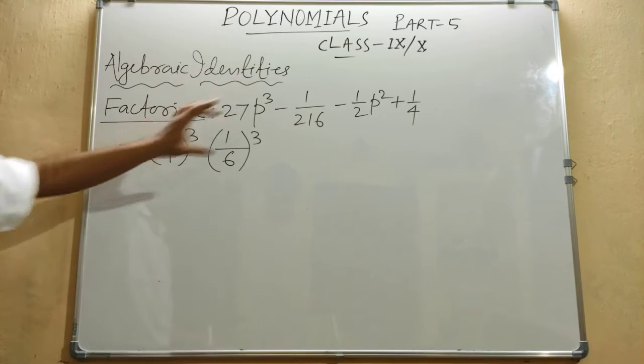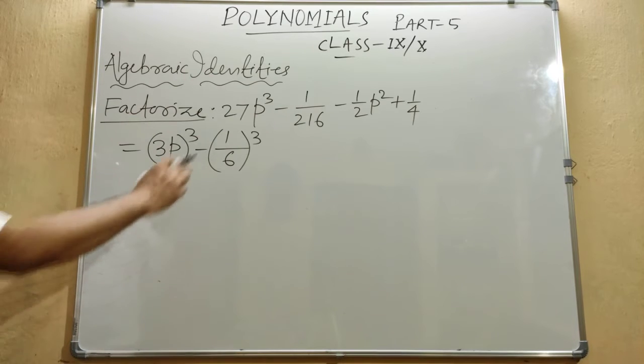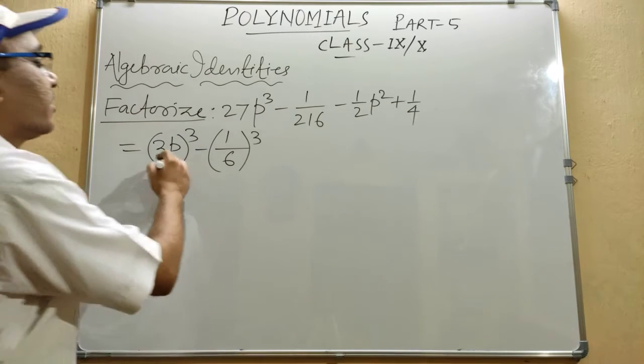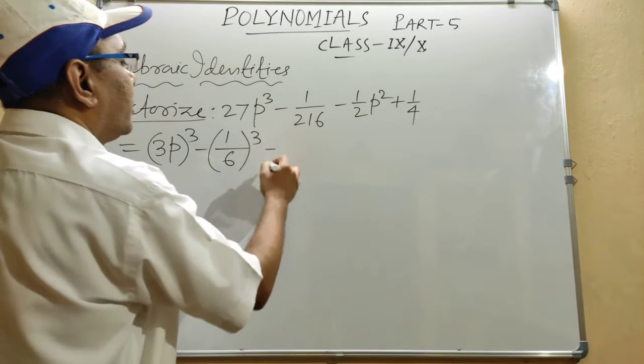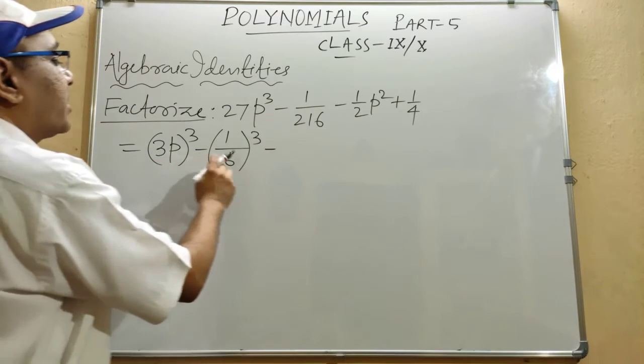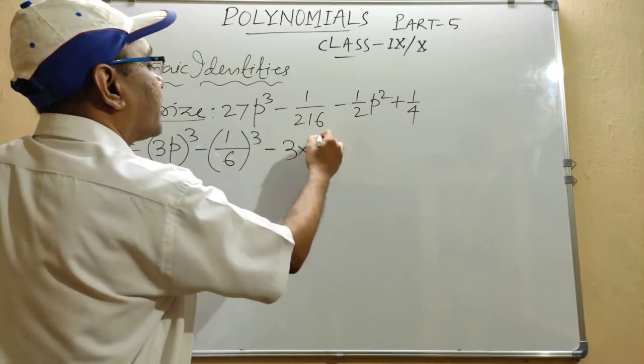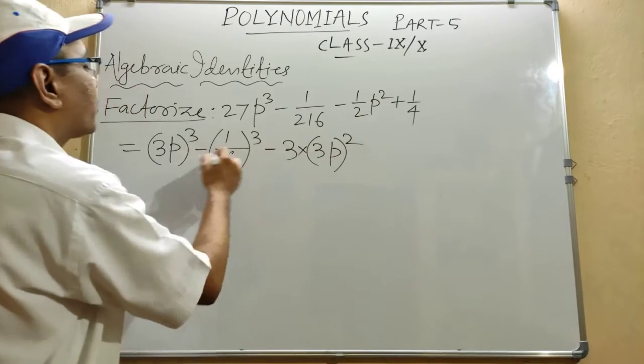It is clear. 27 p cube is 3p whole cube. 1 by 216 is 1 by 6 cube. It is of the type a cube minus b cube. Now what is required? To write as a formula a cube minus b cube minus 3a square b.